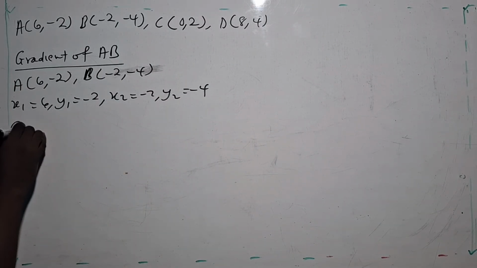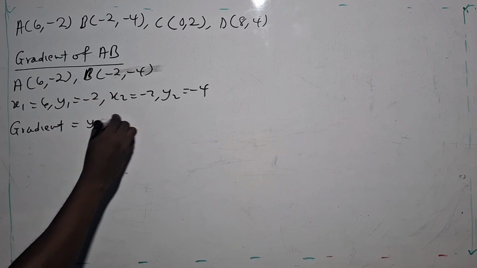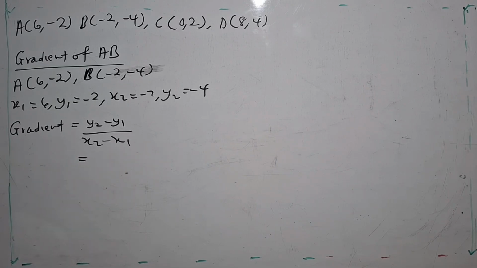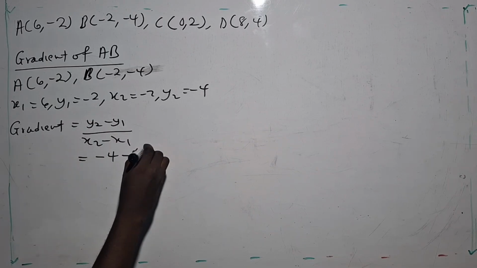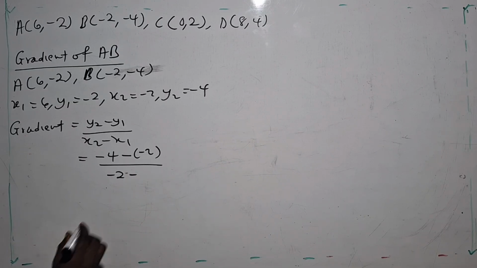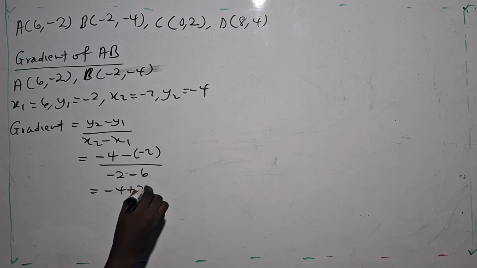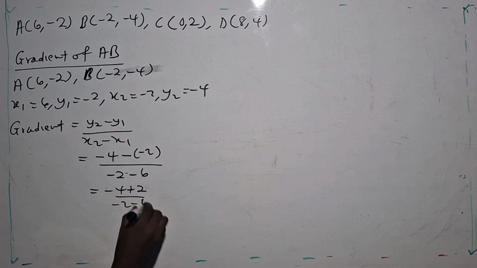So the gradient is y2 minus y1 over x2 minus x1. So y2, negative 4, minus y1, negative 2, over x2, negative 2, minus x1, 6. The top one will give negative 4 plus 2, then the bottom will give negative 2 minus 6.